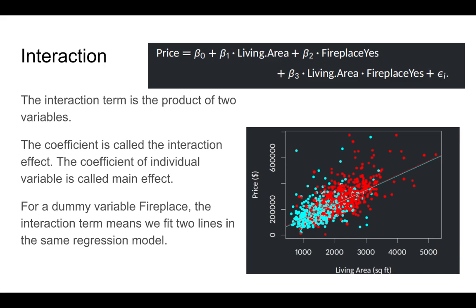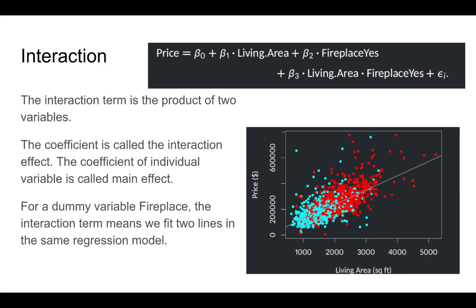The interaction term, by definition, is the product of two variables. Here it is the living area times the fireplace yes. And that coefficient is called the interaction effect. The coefficients for beta 1 and beta 2 we call main effects, because they are separate: beta 1 is associated with living area, beta 2 with fireplace yes.